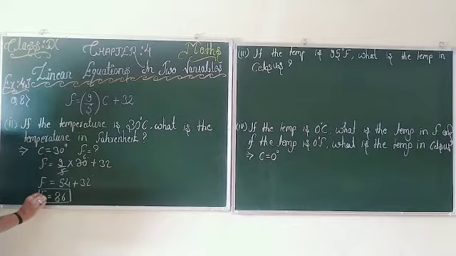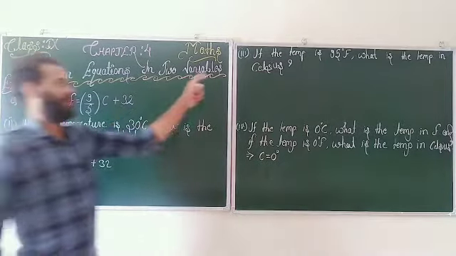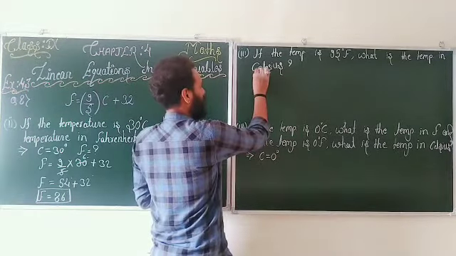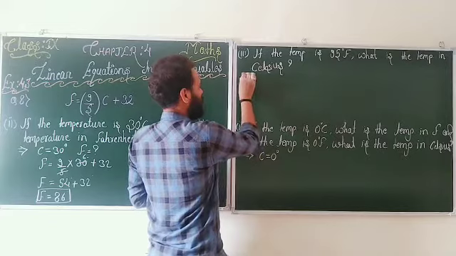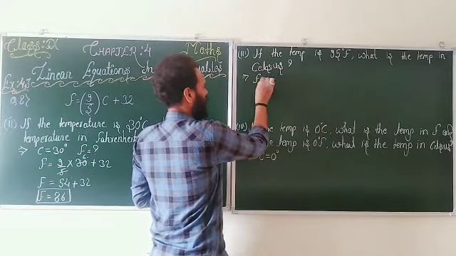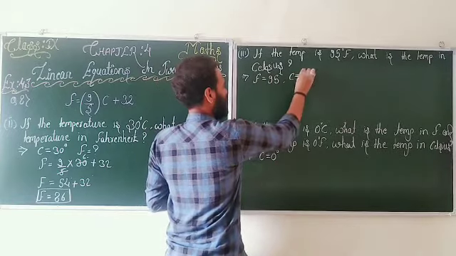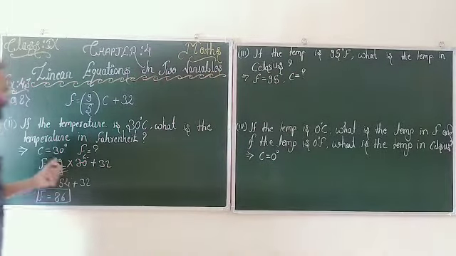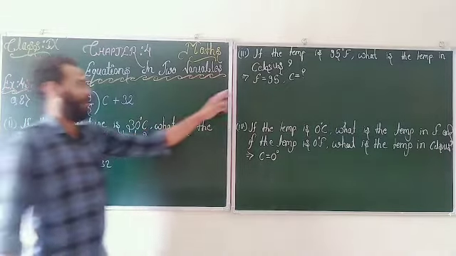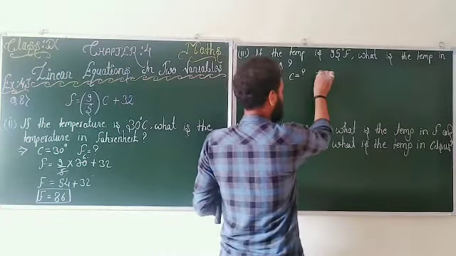If the temperature in Fahrenheit is 95 degree, then calculate the temperature in Celsius. Here Celsius was given and Fahrenheit was calculated; here Fahrenheit is given and Celsius has to be calculated.